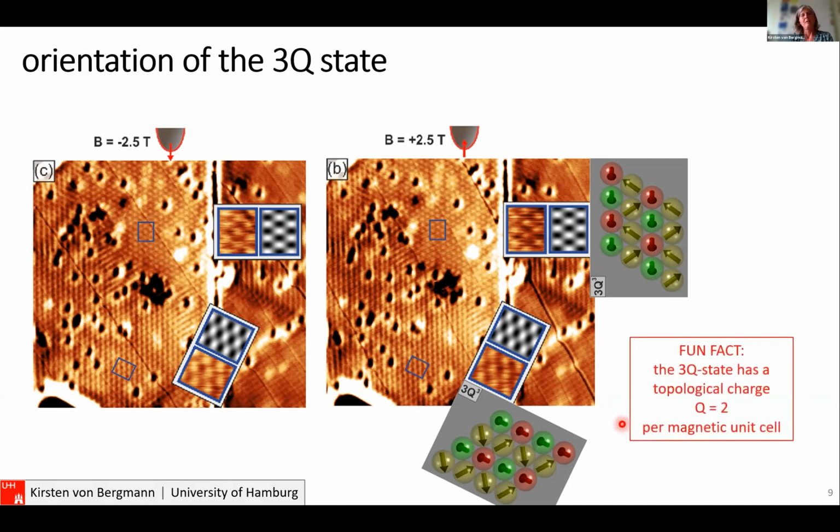Now, this is maybe a bit of a fun fact, but if you look at the topological charge of this 4-atom unit cell here, and you calculate it the way we always do it, we find that within 1 unit cell, the topological charge is 2. So initially I thought, well, this might be the smallest skyrmion you could think of, a tetrahedron, but then it is something different topologically.